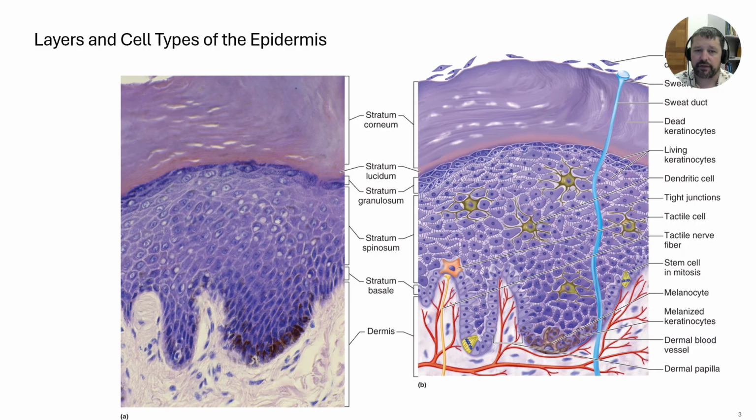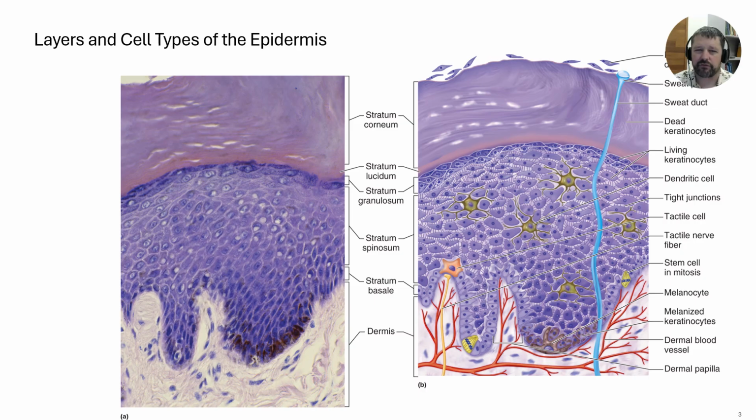Underneath that you're going to have live material, or material in different stages of being alive. So the stratum granulosum and the stratum spinosum are regions where the granulosum has granules, keratin-producing granules that are going to be producing that keratin.